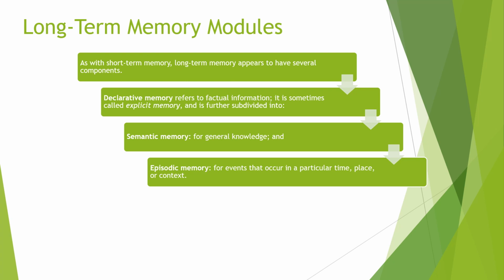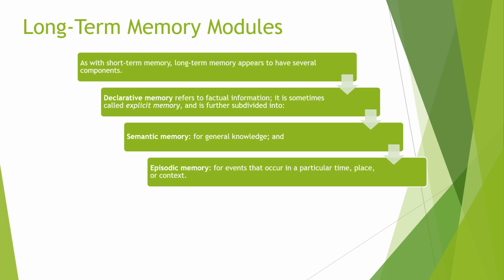We also have episodic memory, and if you remember what I said previously, episodic memory is like an episode from your life. So episodic memory is for events that occur in a particular time, place, or context. So we have these three memory modules for long-term memory: declarative memory, semantic memory, and episodic memory.